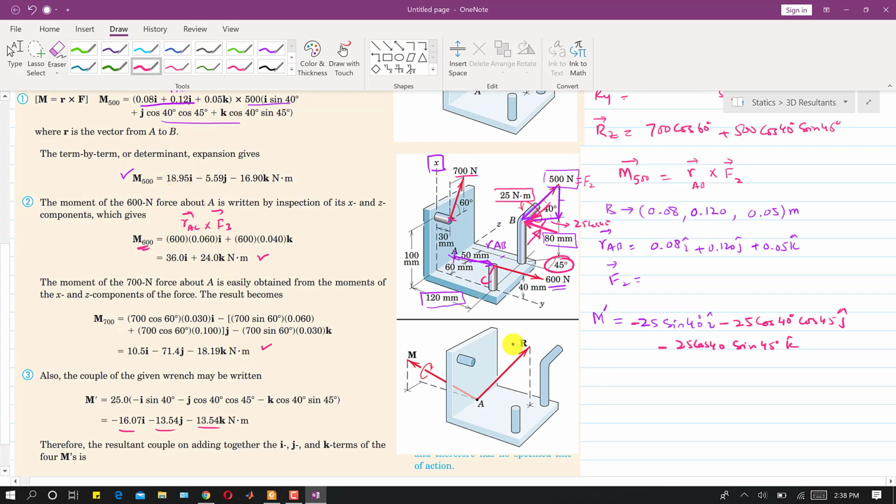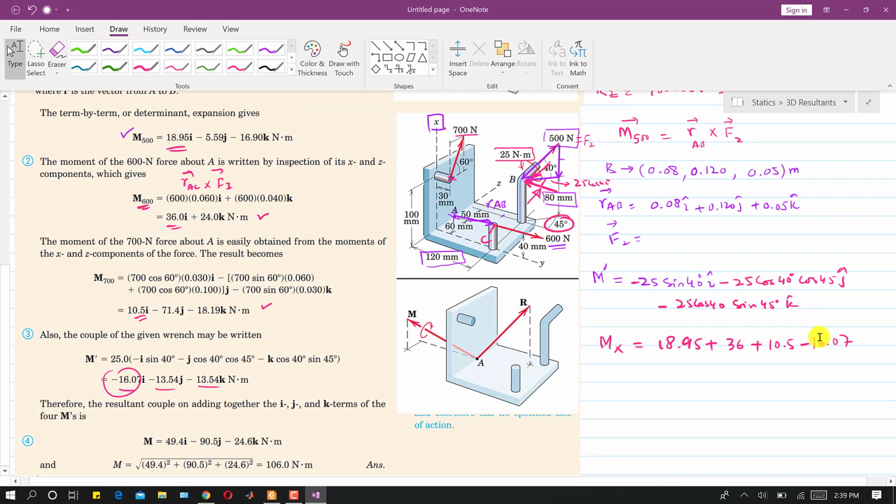To find the Mx component of the resultant, it will be equal to the summation of 18.95 plus this 36 plus this 10.5 plus this minus 16.07. When we solve this, we get 49.4, and that is the x component of this resultant couple.